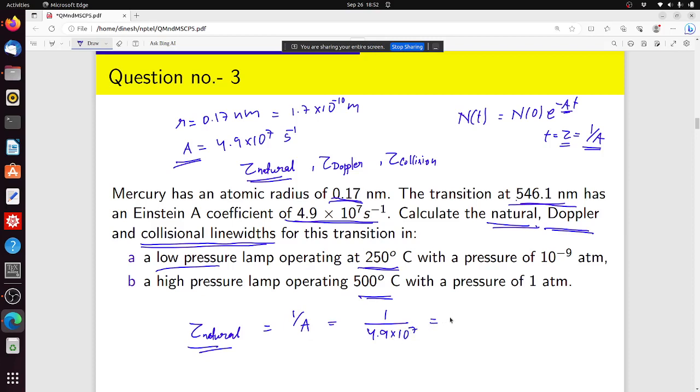Okay, so if you put the value of A, then you will get this tau natural to be 1 over 4.9 times 10 to the power 7, which is approximately 2 times 10 to the power minus 8 second.